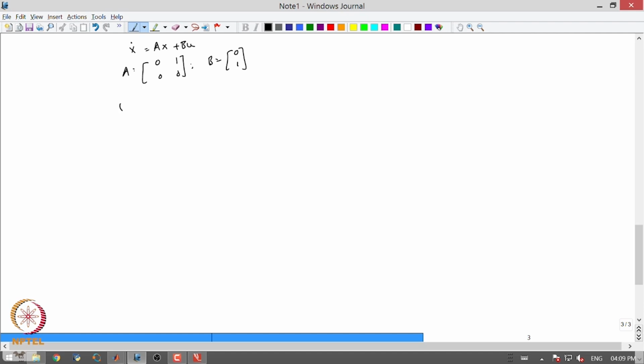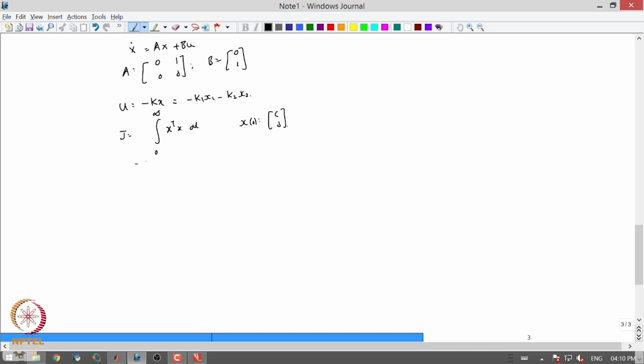So, assume u equal to minus kx is of the form minus k1 x1 minus k2 x2. Okay. And let us say, well, I have a little easier looking cost function to be minimized, that is integral 0 to infinity x transpose x dt, and for some initial condition x naught, I just say c and 0. Okay.